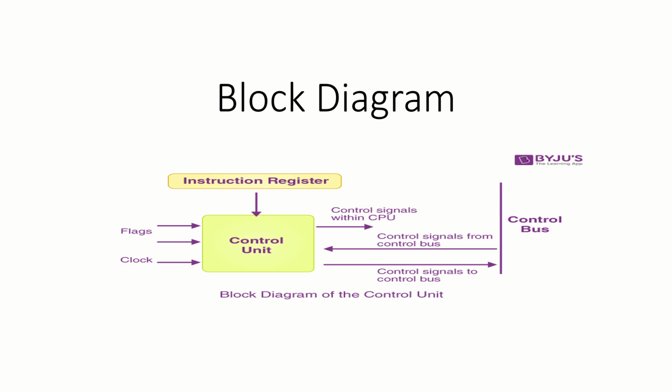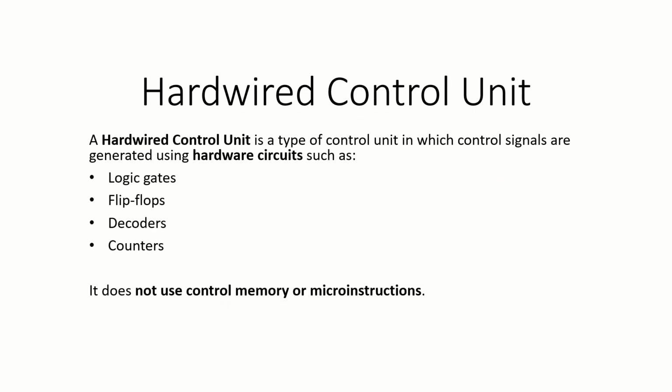Then we saw the block diagram. There are four input signals: the clock, flags, control signals from the control bus, and the instruction register, which provides the macro instruction in the form of an opcode. Then we saw the hardware control unit system.